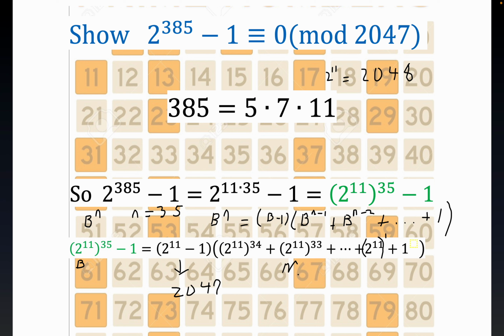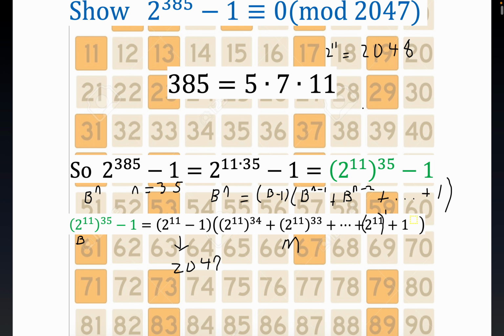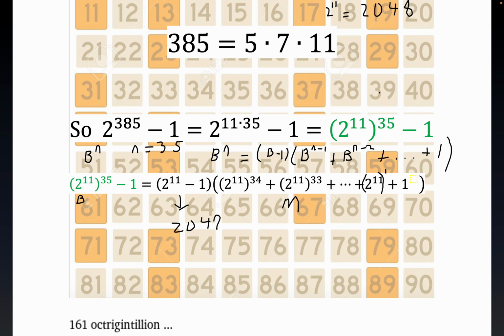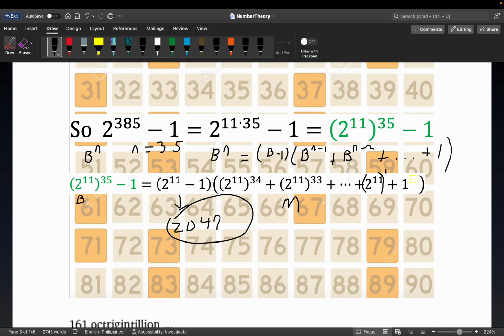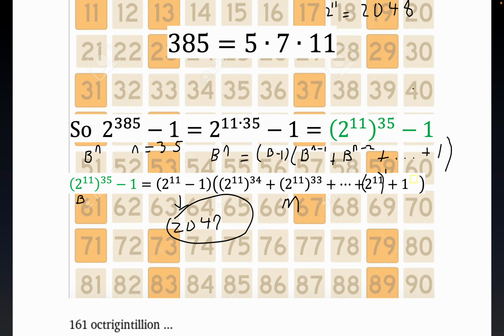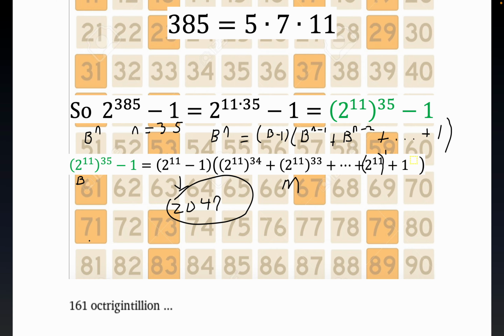Now notice also there's nothing special about 2047. This completes the idea here, but we could have rewritten everything like this: 2 to the 5th, and then you have 77 left as your remaining exponent, 5 times 77 being 385.